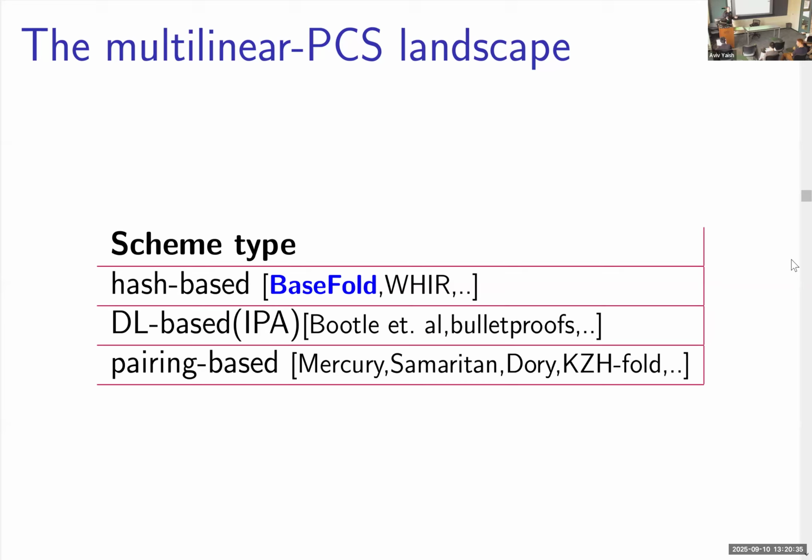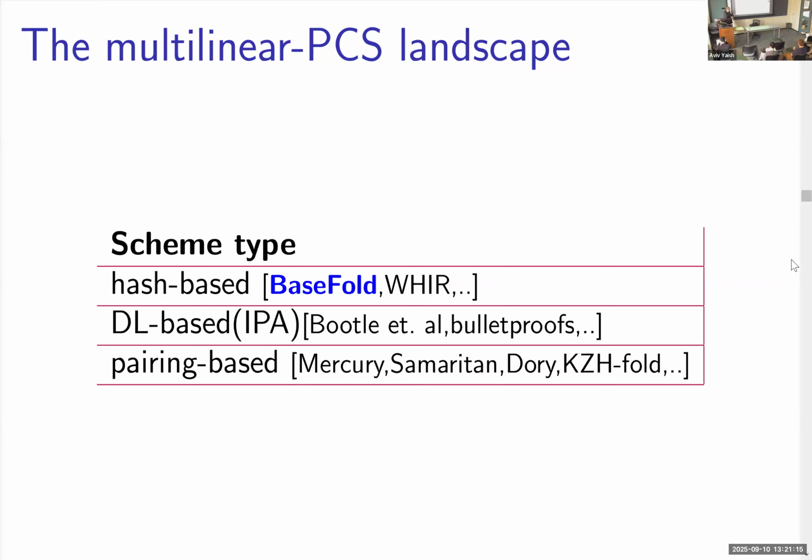We assume we have a group with a hard discrete log, usually an elliptic curve group, but that's all we assume. And for historical or social reasons, polynomial commitment schemes based on discrete log hardness are called IPAs, which stands for inner product arguments. It's a current convention. There are a lot of other inner product arguments, but only the ones based on discrete log hardness are usually referred to as IPAs. It's a social convention.